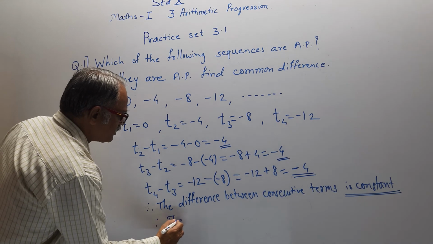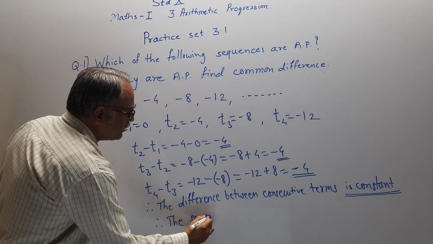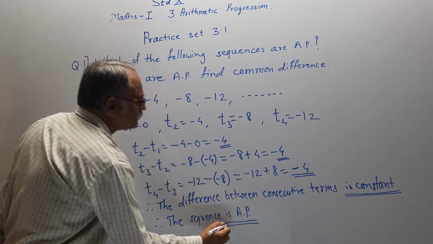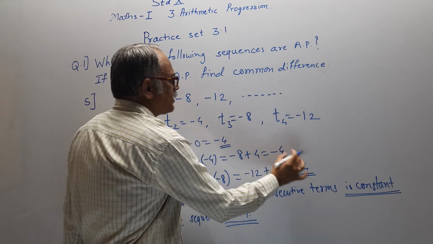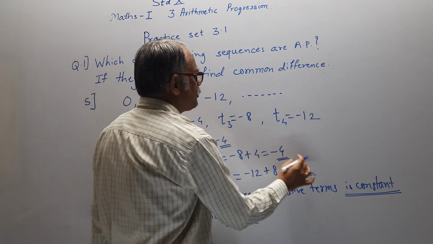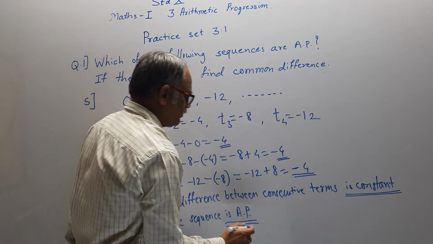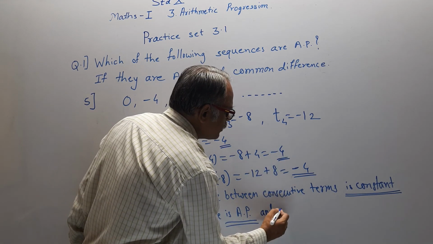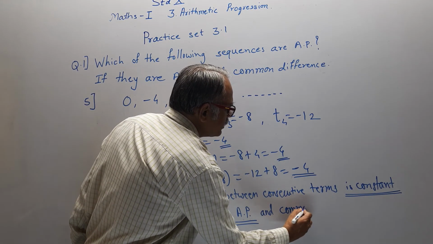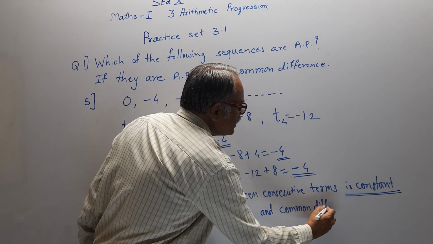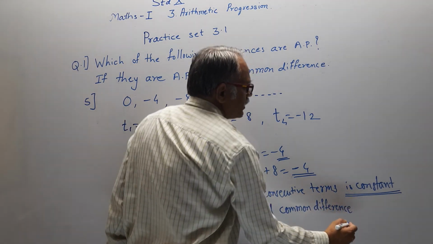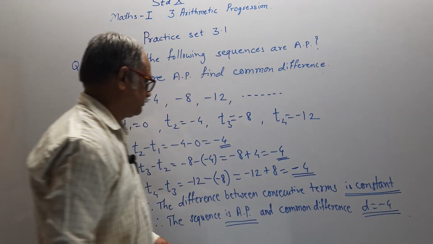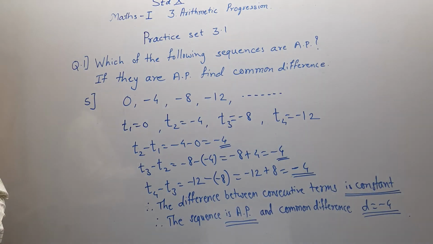Therefore, the sequence is AP, which means the sequence is an arithmetic progression, and every time the difference between consecutive terms is the same. It is common every time, and the common difference D is equal to minus 4. Neatly write it.